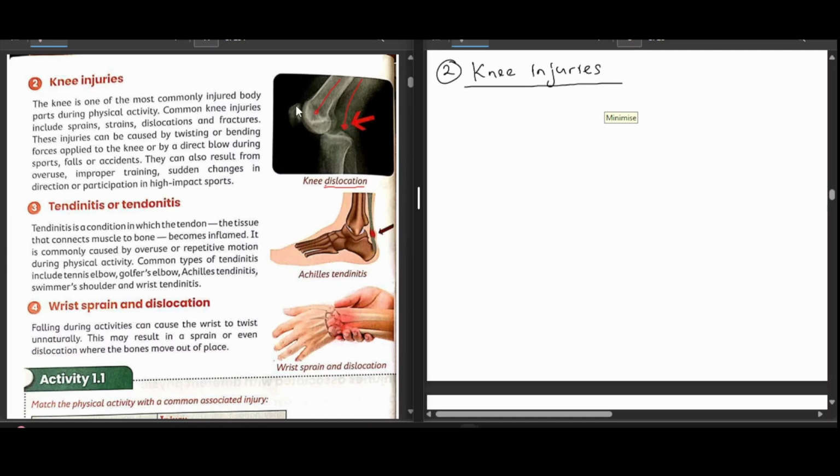Common knee injuries include sprains, then we also have dislocations, like what we see in that picture there, then we have fractures.